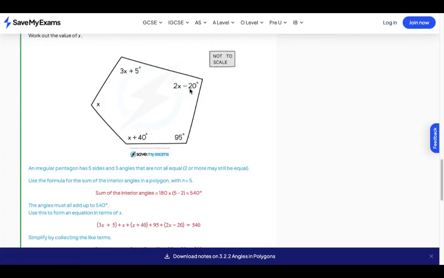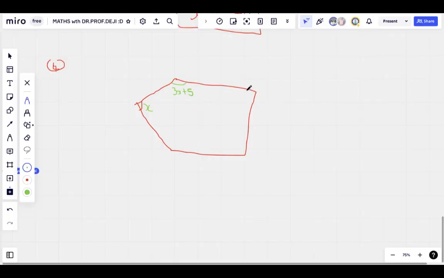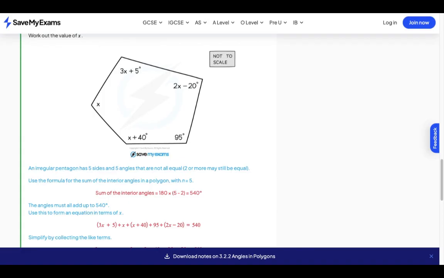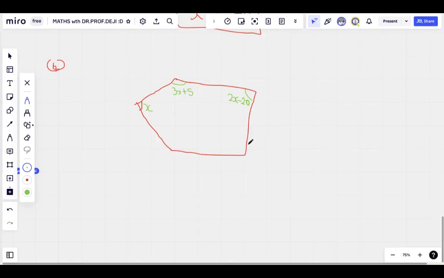And then here is 2x minus 20. And then here is 95. Here is x plus 40. Here is 95. And here is x plus 40.